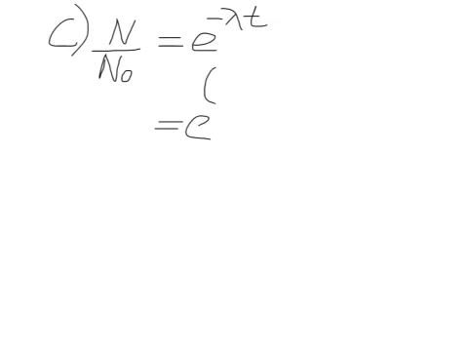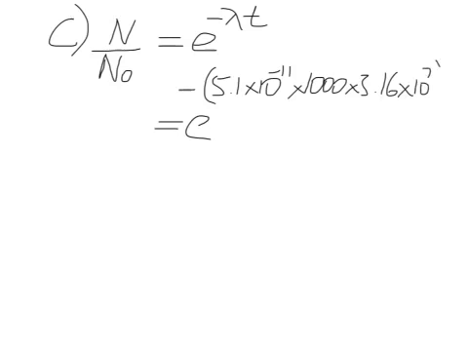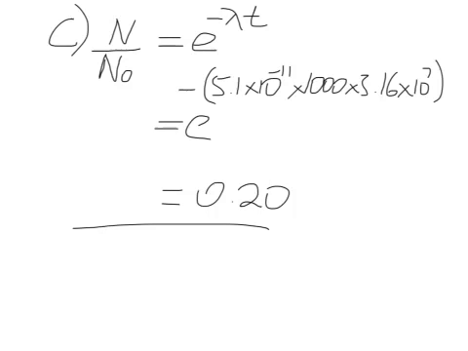So we'll get the following: 5.1 times 10 to the power of negative 11 is lambda, times the 1,000 years, times the number to convert to seconds, which was 3.16 times 10 to the 7. So punching that into the calculator gives us 0.20. So that's the fraction remaining. I suppose you could say that's 1/5 as a pure fraction.